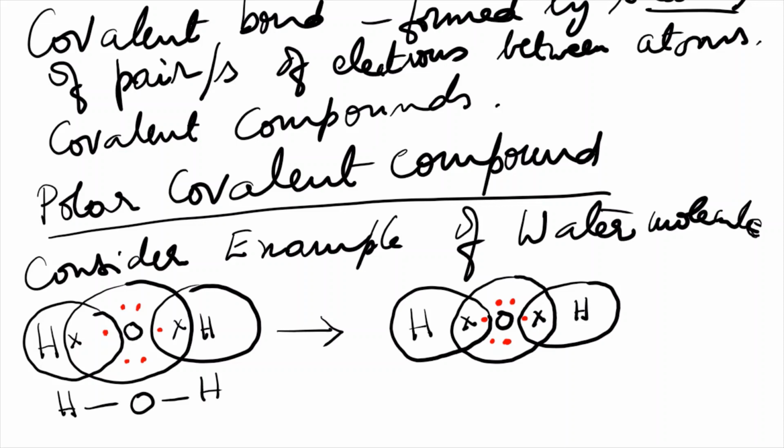So these shared pairs of electrons are pulled towards oxygen because of its strong affinity for electrons.